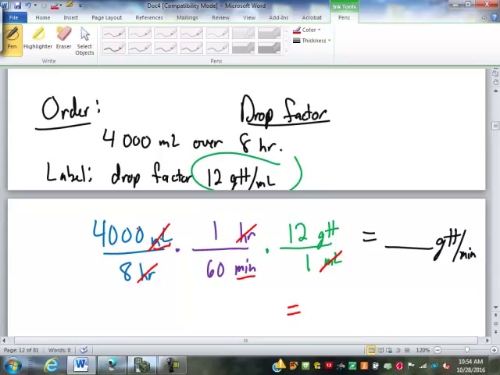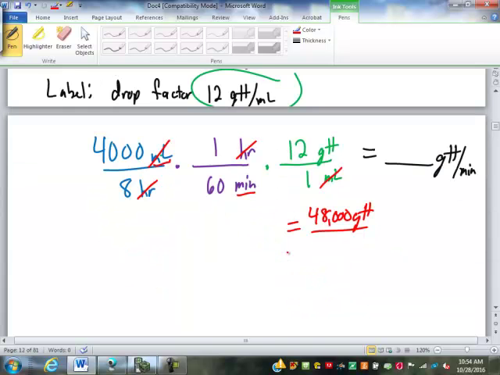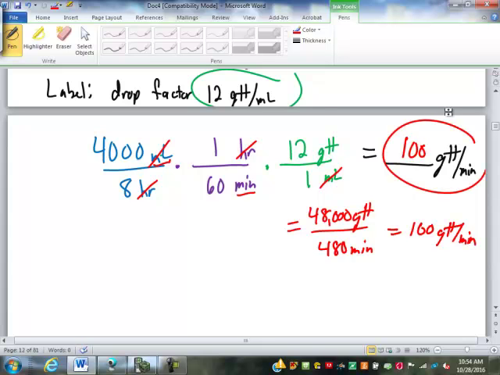I have to go down here. 4,000 times 1 times 12 is 48,000 drops over 8 times 60 minutes times 1 is 480 minutes. If we divide that out, we're going to get a whopping 100 drops per minute. That's a bit of a rapid infusion there.